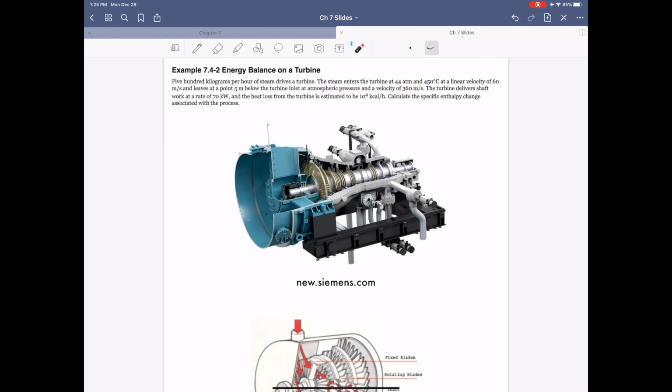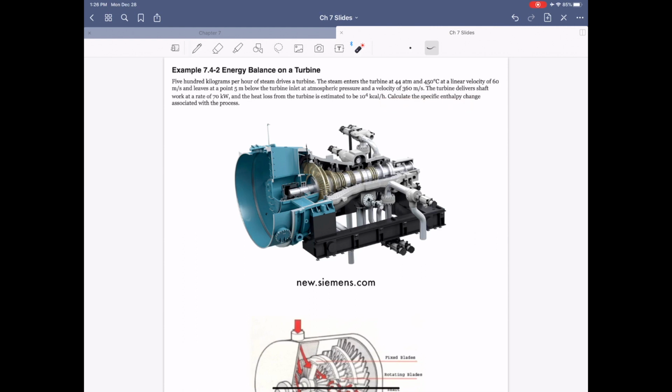The turbine delivers a shaft work at a rate of 70 kilowatts, and the heat loss from the turbine is also about 10 to the 4th kilocalories per hour. Based on these process parameters, our goal is to identify and calculate the specific enthalpy change associated with this process.